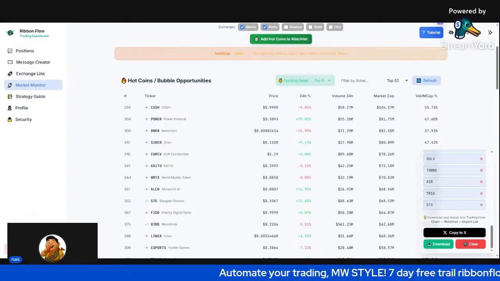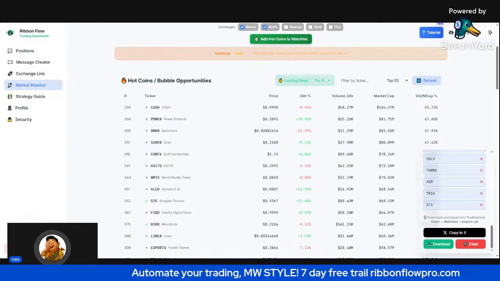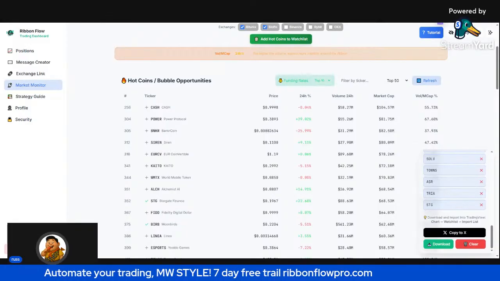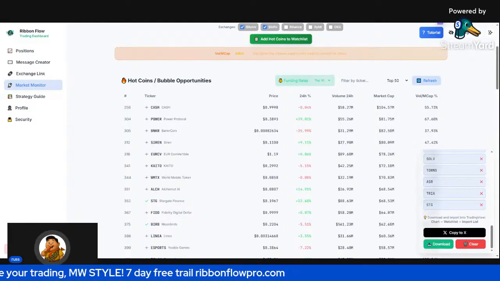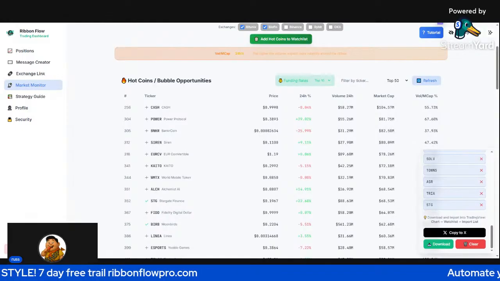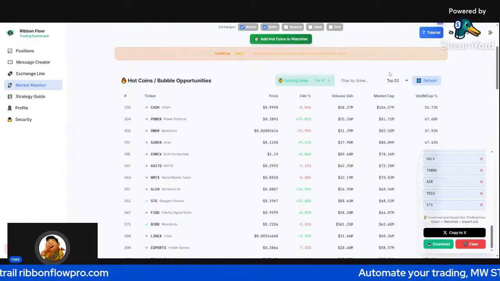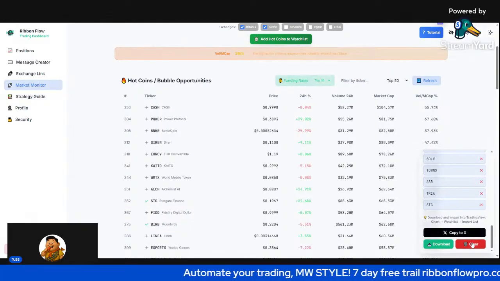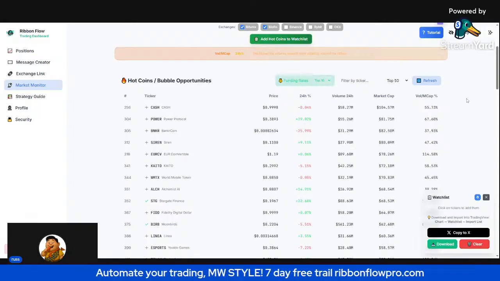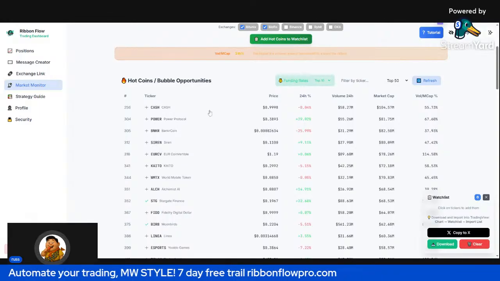Okay, let's kick things off with the update to the dashboard. I have updated it, so now we can see all these coins that could move, and you can see the number of the coin, the price.